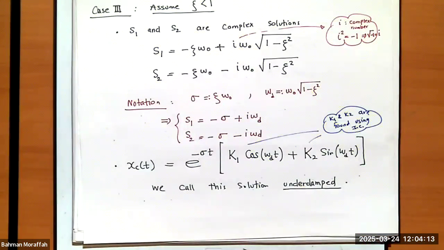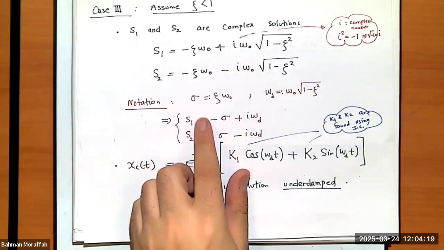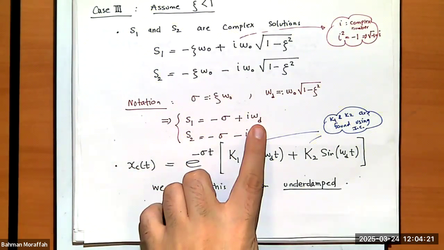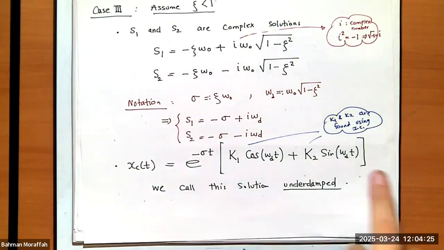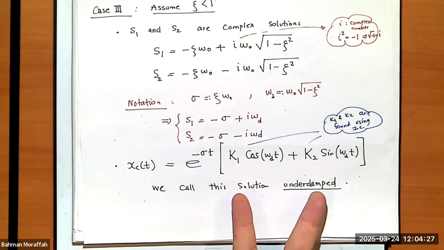Here's the question. How did I go from k1 e to the s1 t, which is minus sigma plus i omega d, plus k2 e to the s2 t, to sine and cosine? How did I do that? Keep that in mind. e to the power of it, what is it?